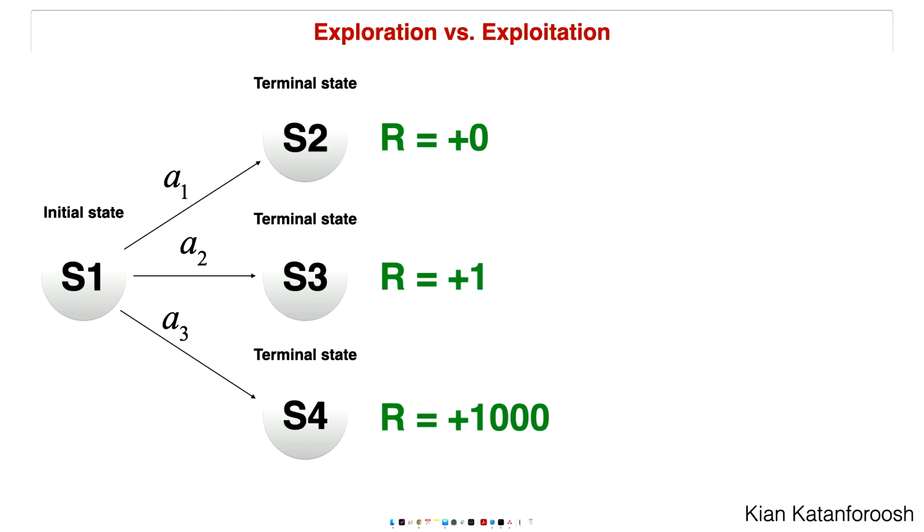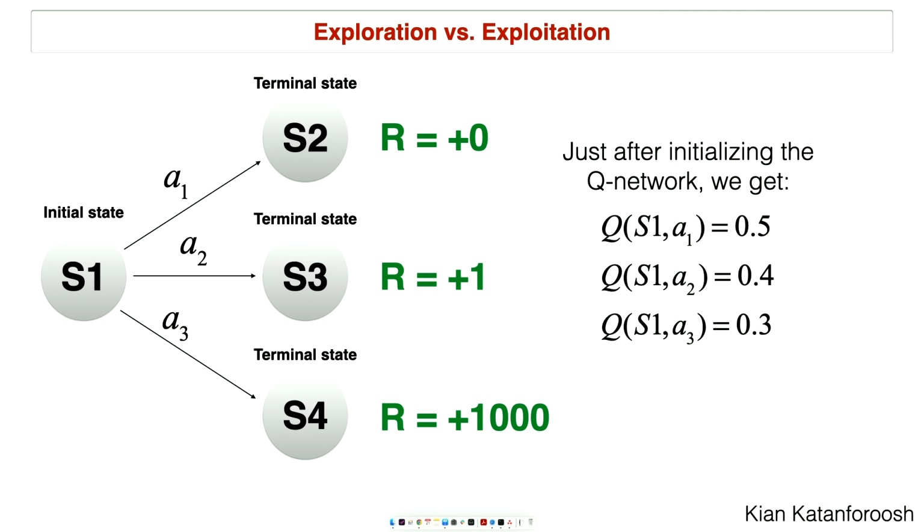In practice, let's say you initialize your network, and in the first forward pass, the network is random. You get Q value for action 1 of 0.5, for action 2 of 0.4, for action 3 of 0.3. What does that mean? It means the agent is saying, I'm going to take action 1.